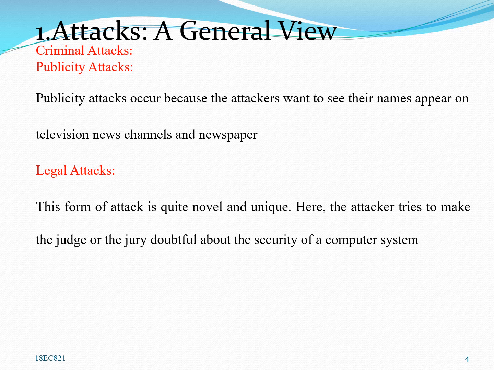The third attack is called a legal attack. In this attack, the attacker tries to make the judge or the jury doubtful about the security of a computer system. The attacker attacks the computer system, and the attacked party, say a bank or organization, manages to take the attacker to court.